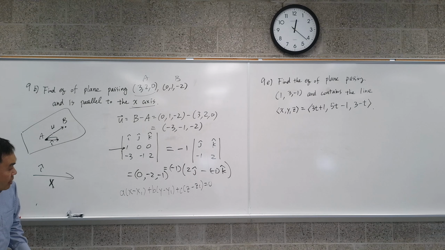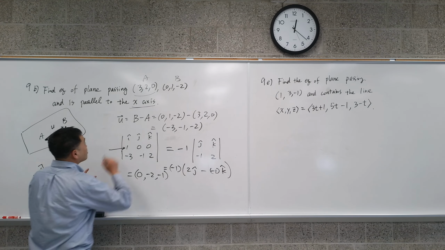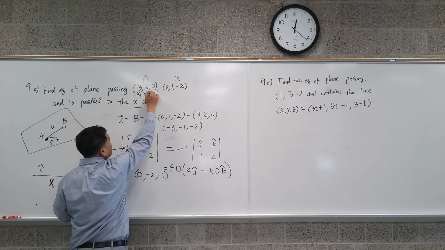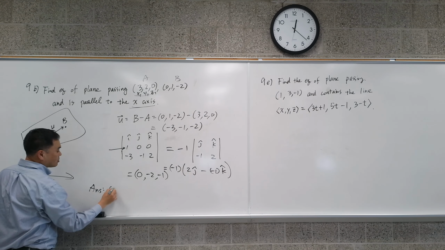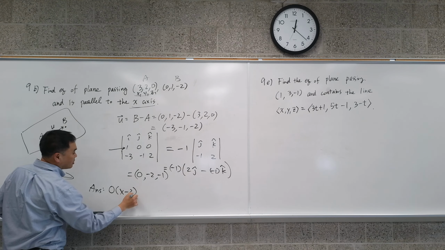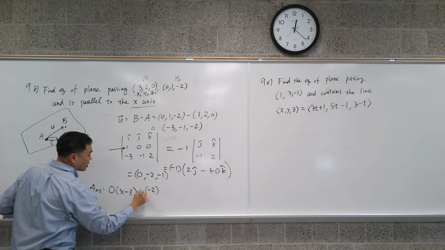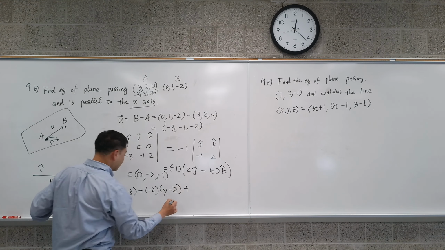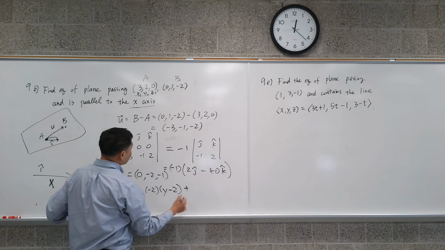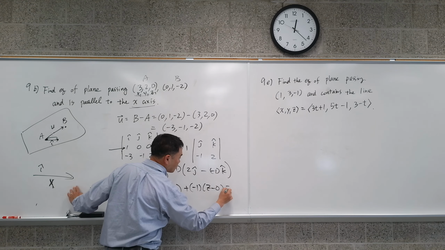So now let's write down the final answer from these. I'm going to choose this point A as (x1, y1, z1). So now the answer is 0 times (x minus 3) plus -2 times (y minus 2) plus -1 times (z minus 0) equals 0.